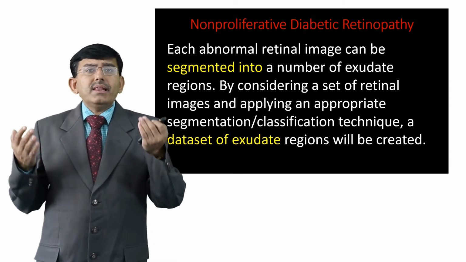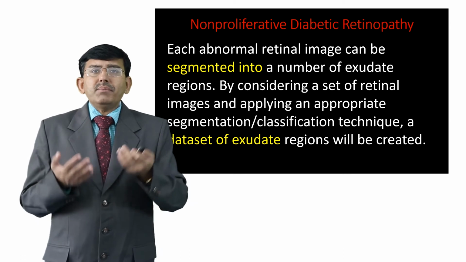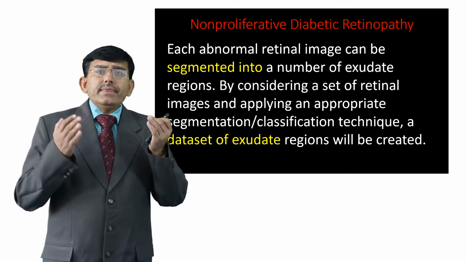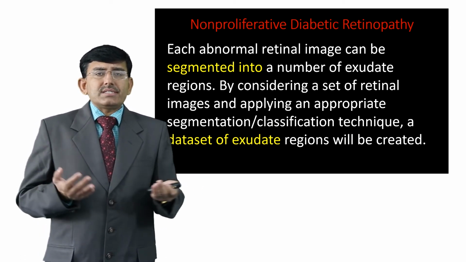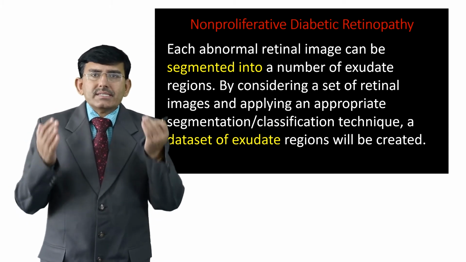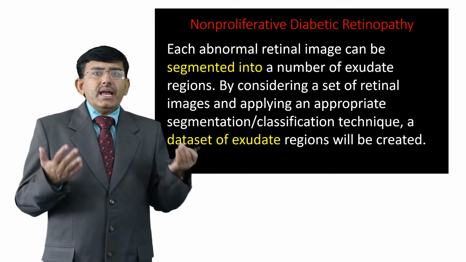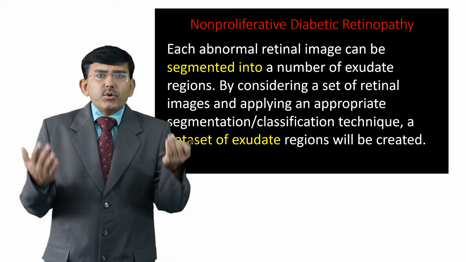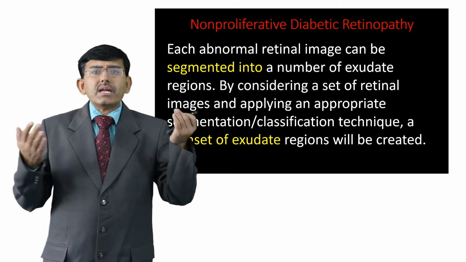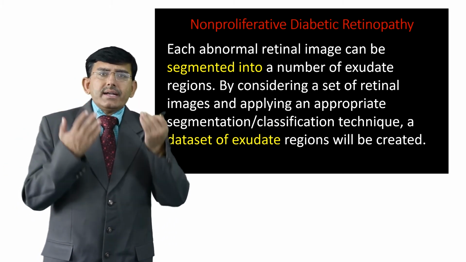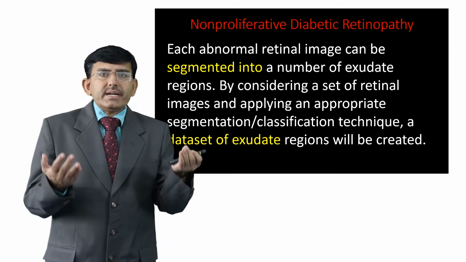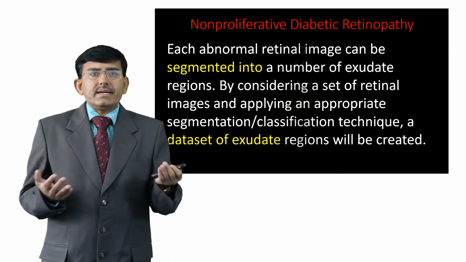Each abnormal retinal image can be segmented into a number of exudate regions by considering a set of retinal images and applying an appropriate segmentation or classification technique. A data set of exudate regions will be created.